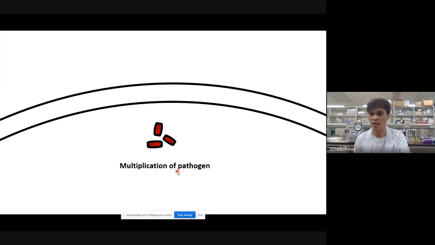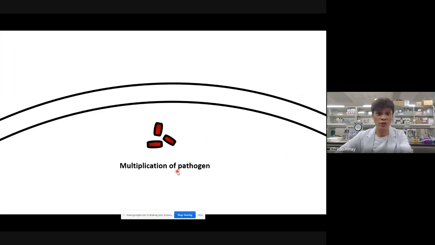For example, Mycobacterium tuberculosis, as I mentioned earlier, and other organisms. So during the multiplication of your pathogen inside your antigen-presenting cell, class, ang kagandahan ng mga antigen-presenting cells, even though they allow the bacteria to reproduce inside, meron silang checking mechanism.